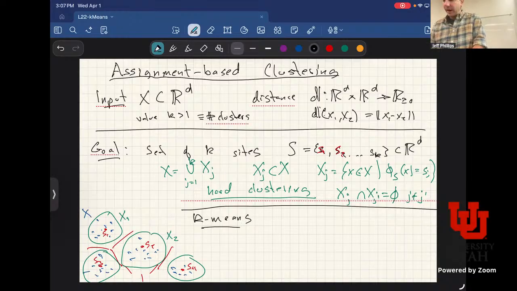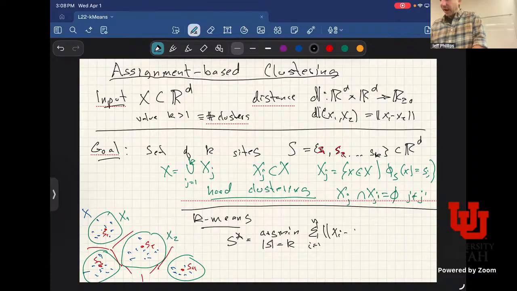Okay, and so that means our goal is going to be S star, which is going to be the arg min over these sets of sites where they're going to be exactly of size k. This will be a part of our input. Okay, and I want to minimize this function, i equals 1 to n, and I'm going to look at the squared error.